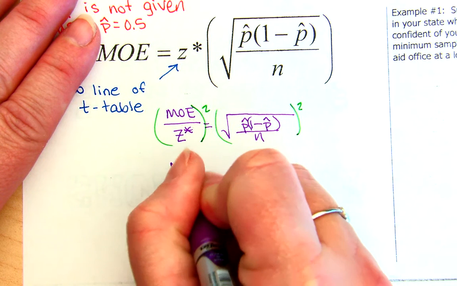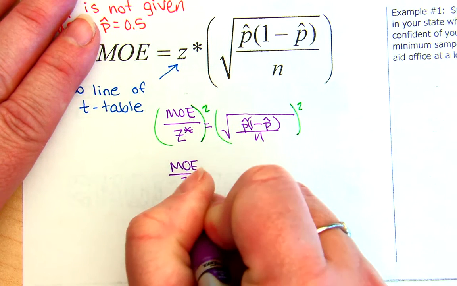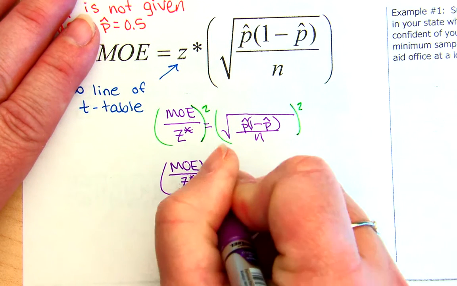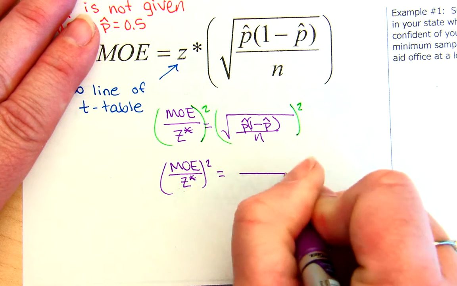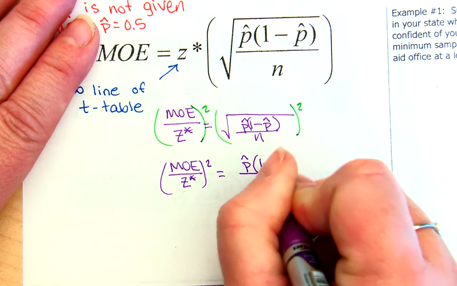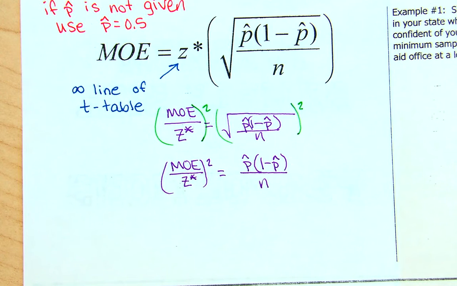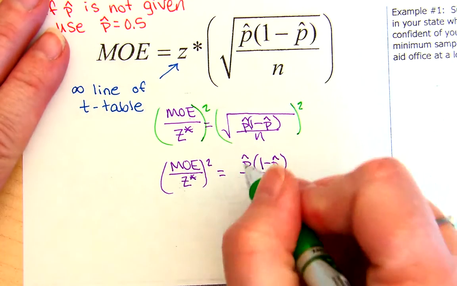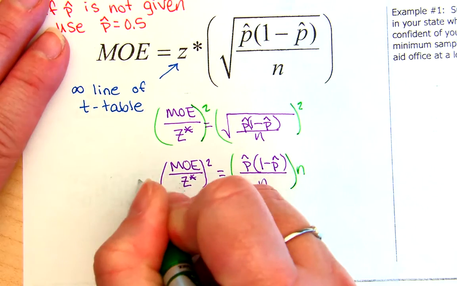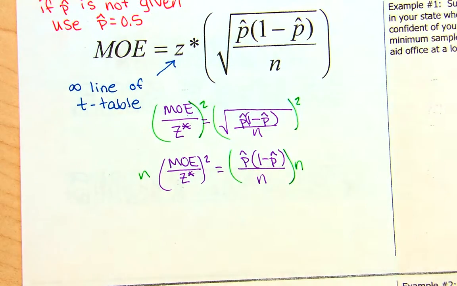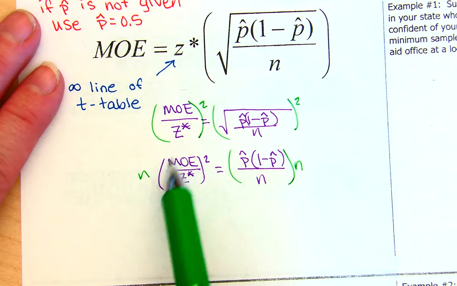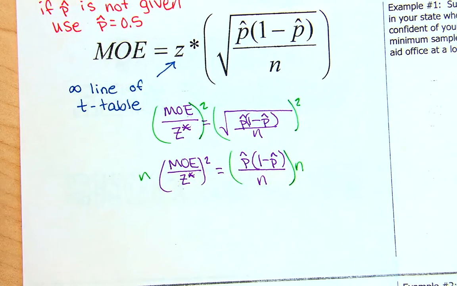Basically at this point, we would multiply both sides by n, and then divide by this part over here to get n by itself.